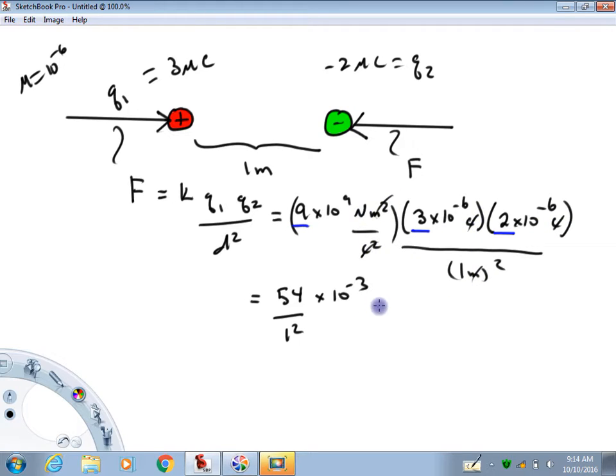We're left with newtons out of this. So this product should be 54 times 10 to the minus third newtons. 10 to the minus 3 means shift the decimal 3 to the left. So that's 0.054 newtons.